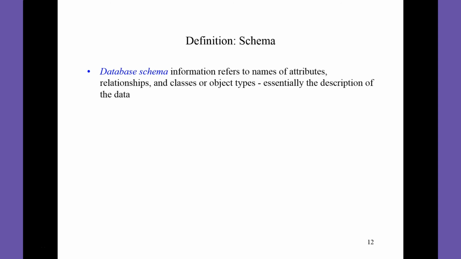The database schema information refers to the names of the attributes, relationships, and classes or object types, essentially the description of the data. The distinction between the schema and the state of the database is also very important.